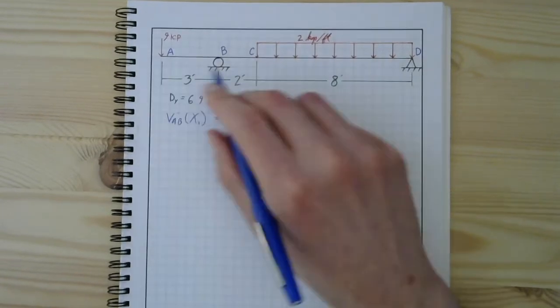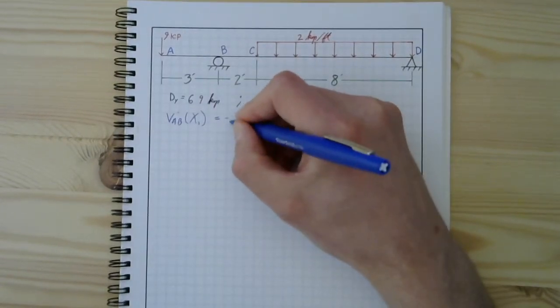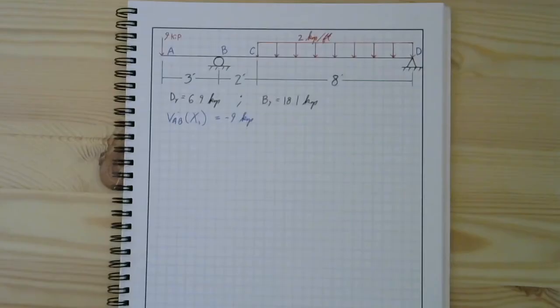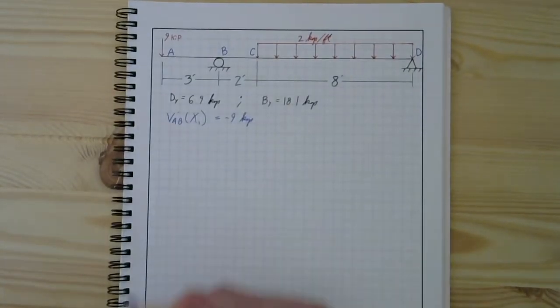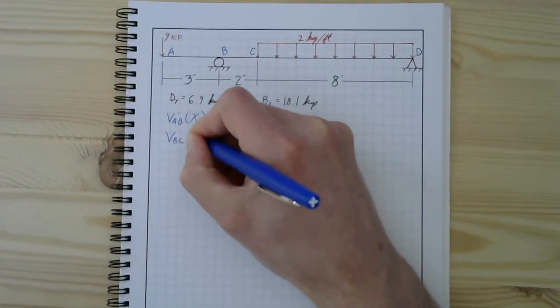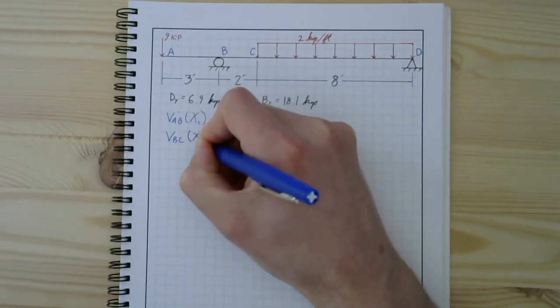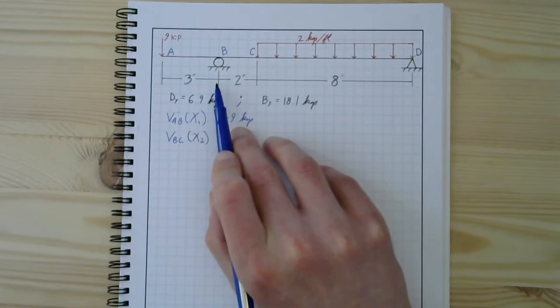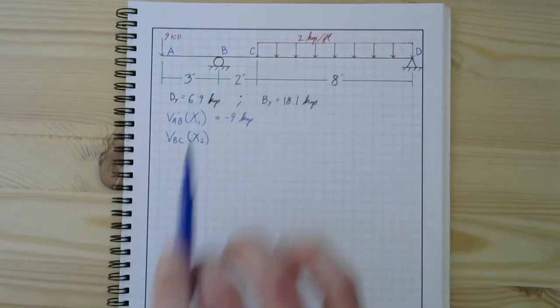But from A to B, it's just going to be negative 9 kips will be our shear function. A little generous to even call it a function. And then from B to C, this will be a function of x2. x2 is going to start at B, so at B, that is where x2 will be 0.